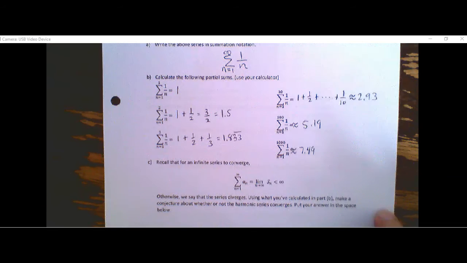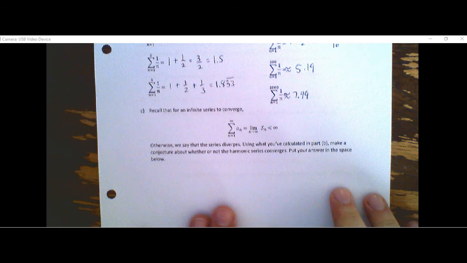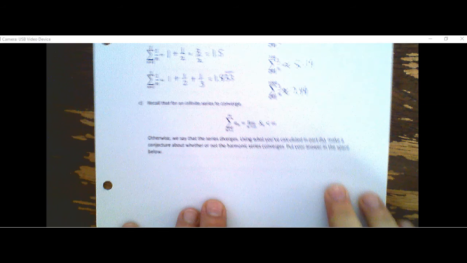All right, so we can see that this guy looks like it just continues to increase, right? So we should be thinking something about the convergence of this series.